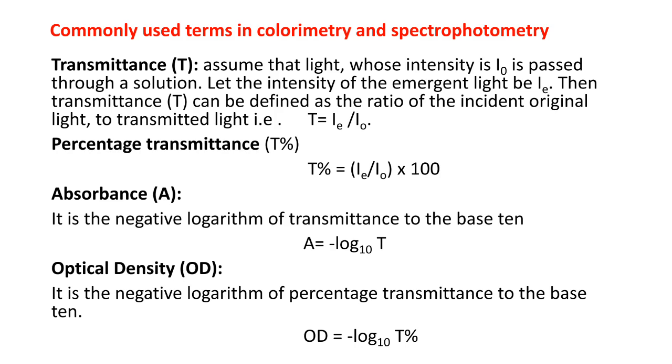It is the negative logarithm of transmittance to the base 10, that is A equals negative log base 10 transmittance. And OD, optical density, is the negative logarithm of percentage transmittance to the base 10. So the concentration is directly proportional to the OD or absorbance and logarithmically inversely proportional to the transmittance.